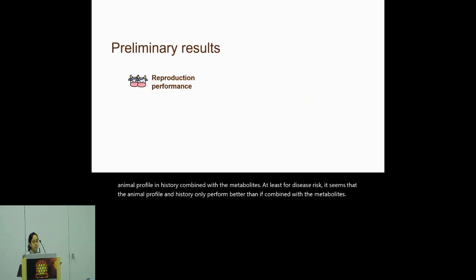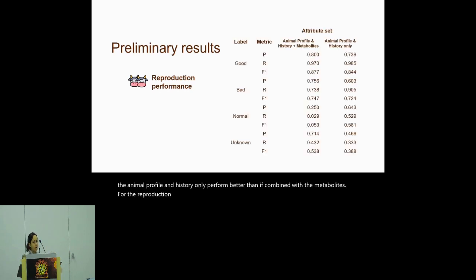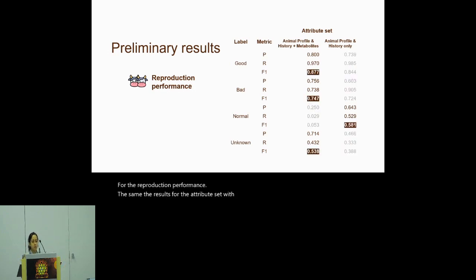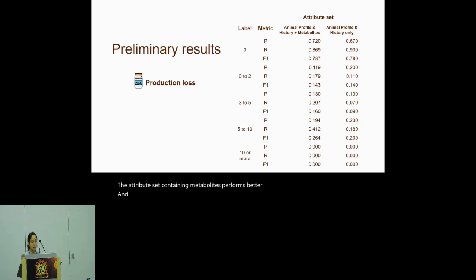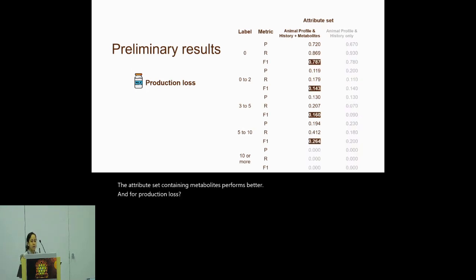For the reproduction performance, the same: the results for the attribute set with and without the metabolites. And for most of the classes, the attribute set containing metabolites performs better. And for production loss, similarly, the results using metabolites seem to perform better.